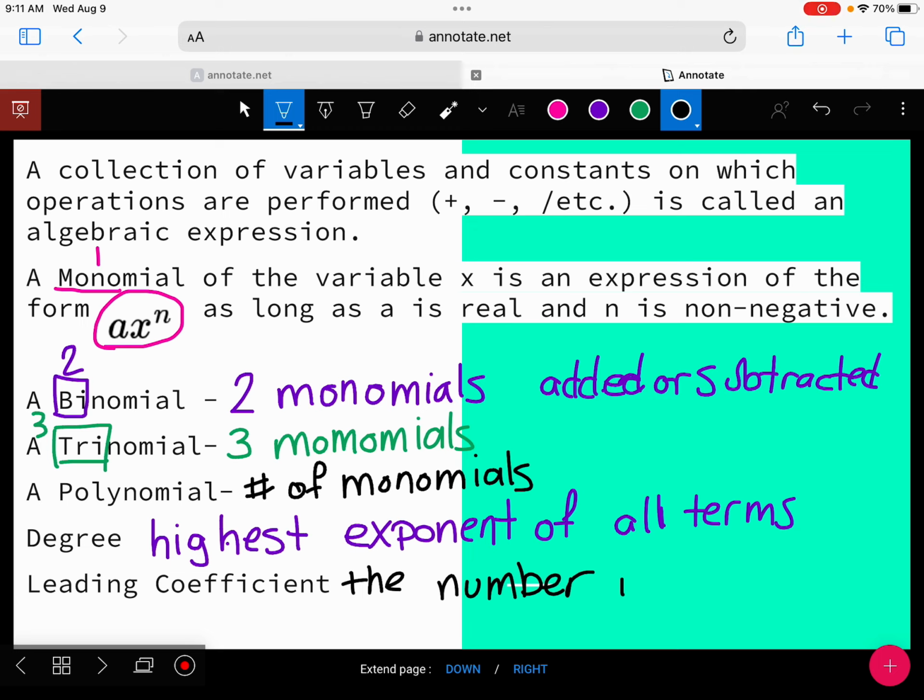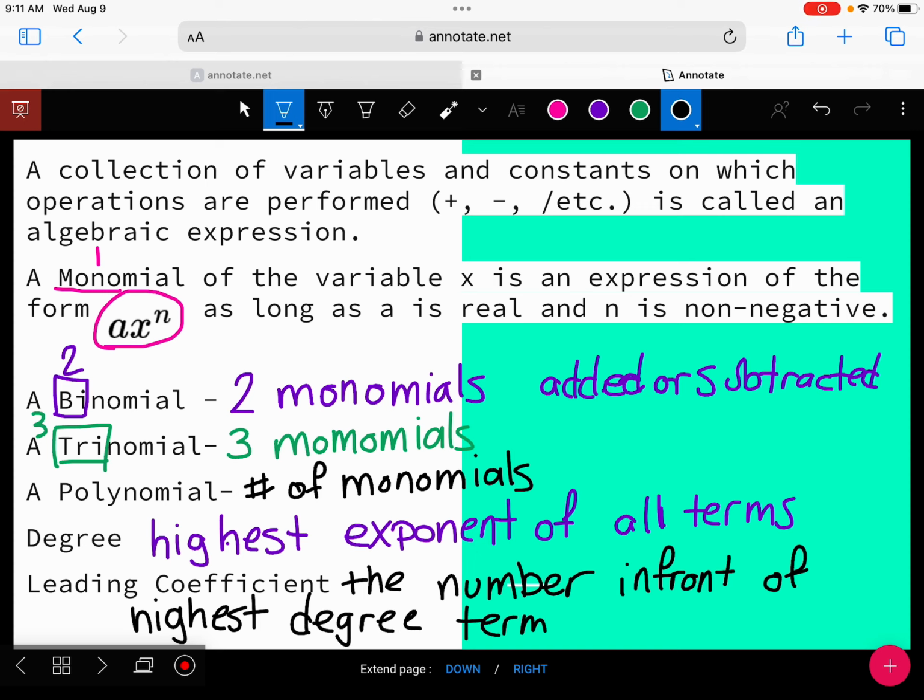The number in front of the highest degree term. So in our quadratic, our x squared, our leading coefficient is 3. In our cubic, our leading coefficient is 4.